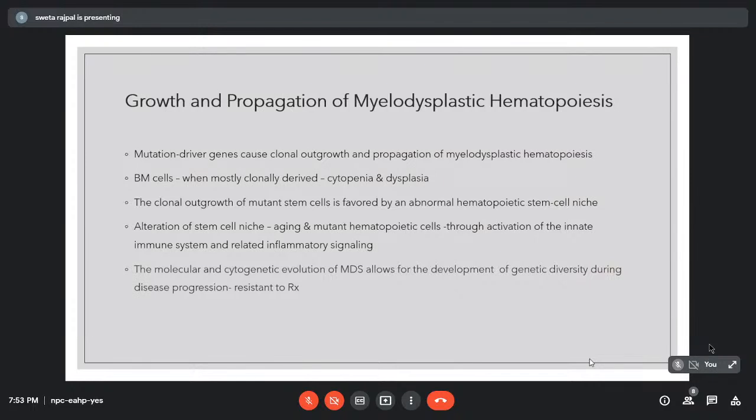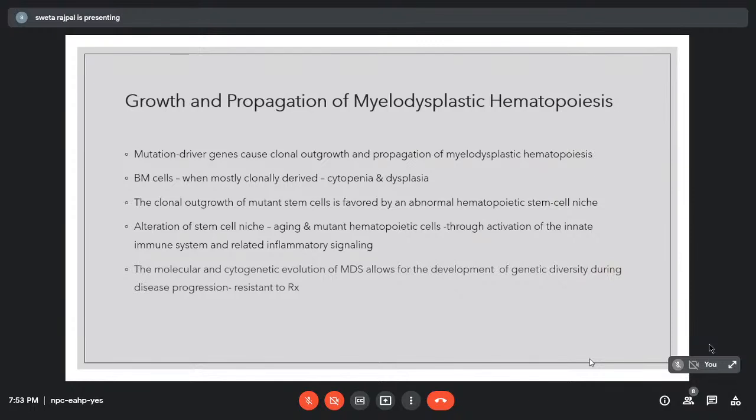So we will have peripheral cytopenia, dysplasia, and increased bone marrow cellularity, that is hyperplastic bone marrow. Sometimes, if there are associated inflammatory lesions or increased inflammatory conditions, they can also lead to hypoplastic MDS, which we will discuss in a subsequent slide.